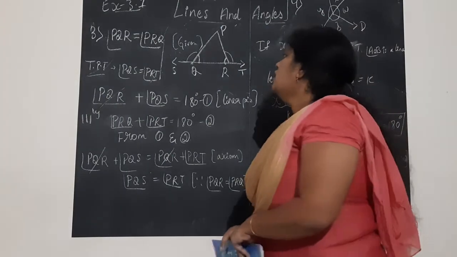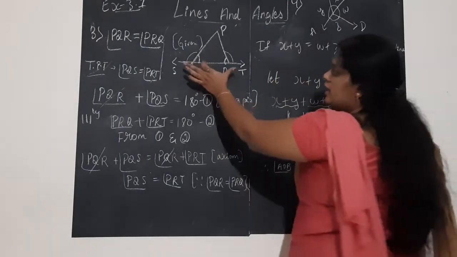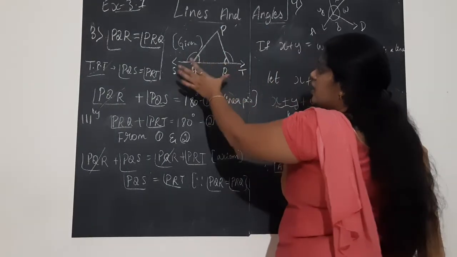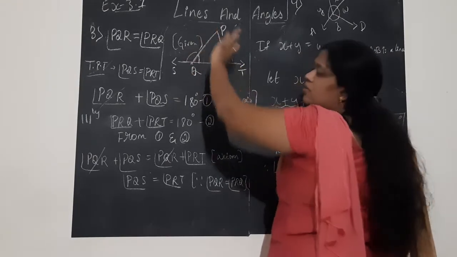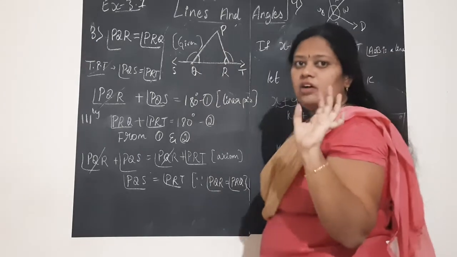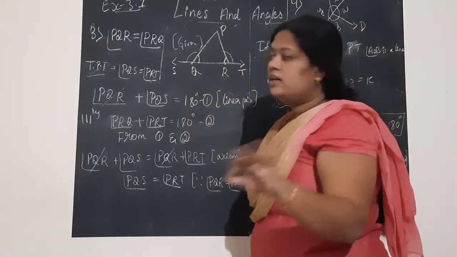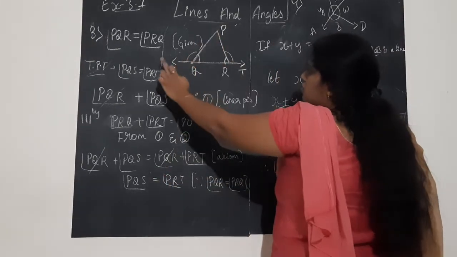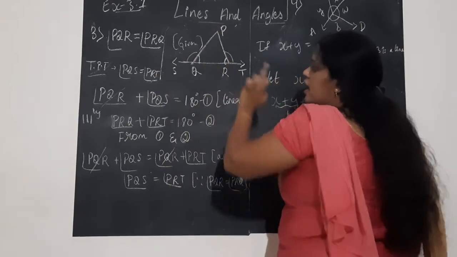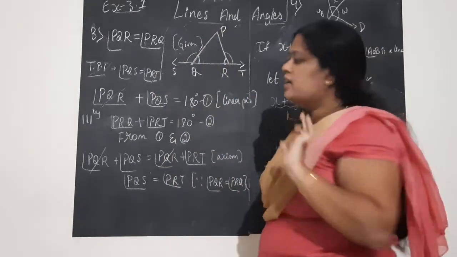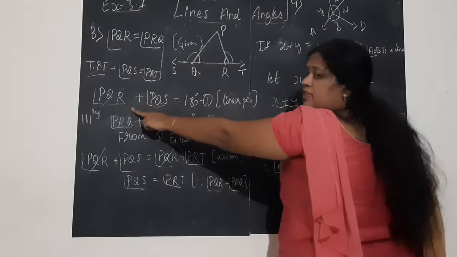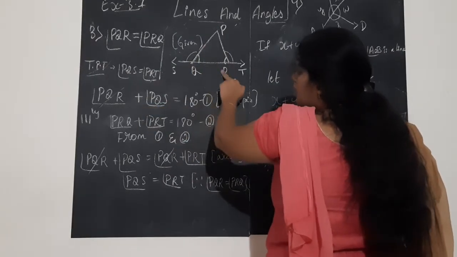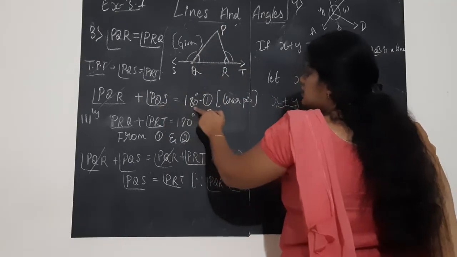Now children, if you consider this line SR as the line and PQ as the ray standing on the line, then angle PQS and angle PQR make a linear pair, correct? Then I can write them as 180 degrees, and that is what I have written here. Angle PQR plus angle PQS is 180 degrees.